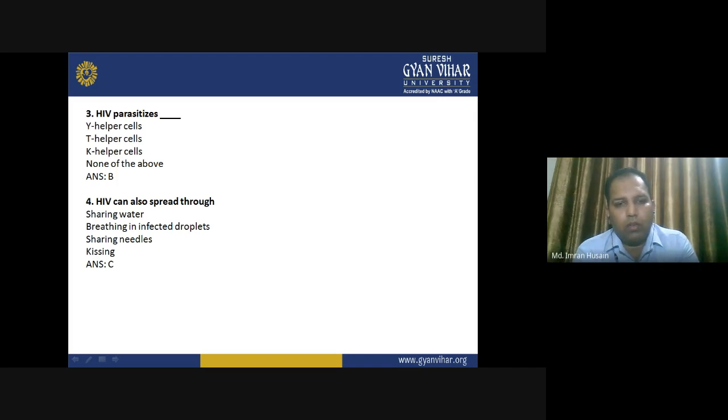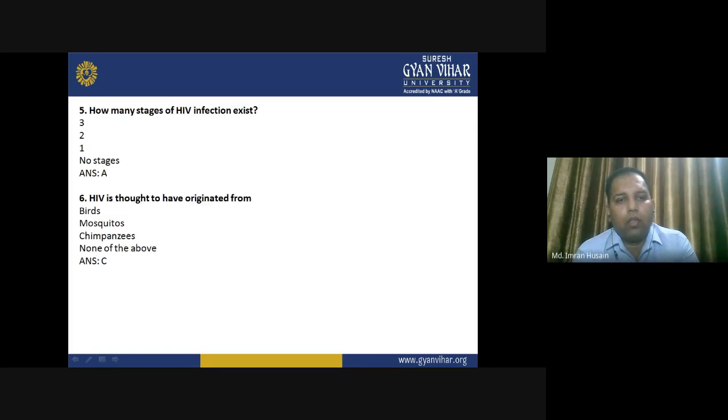HIV can also spread through sharing water, breathing in infected droplets, sharing needles or kissing. The correct answer is C, sharing needles. How many stages of HIV infection exist? The correct answer is three stages. Third stage is the last stage.